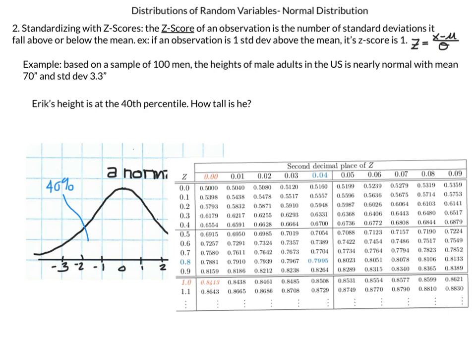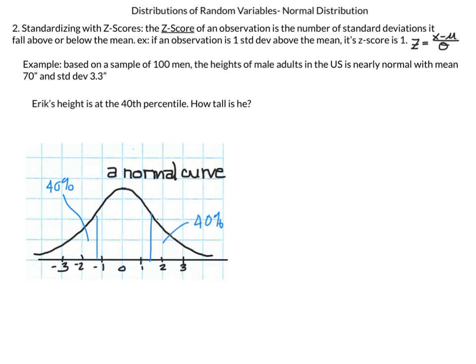But remember, that's because this chart is only for positive z-scores. So we need to look at the reflection. Let's pretend the line is here, but we don't really know where. Whatever this negative z-score is, the positive z-score should have 40% above, which means below it is going to be 100 minus the 40%.